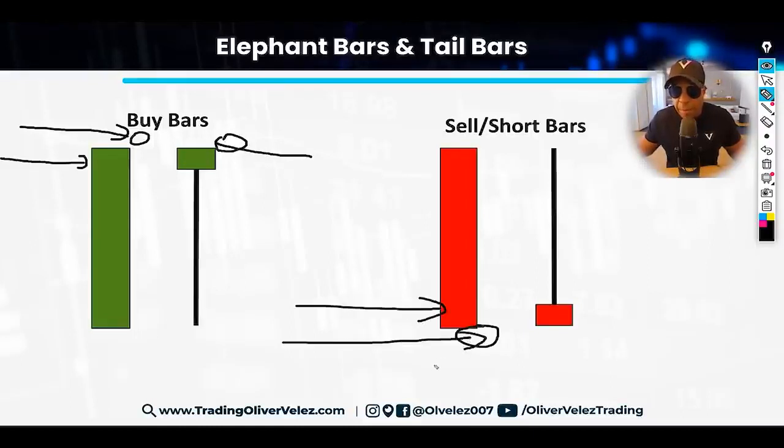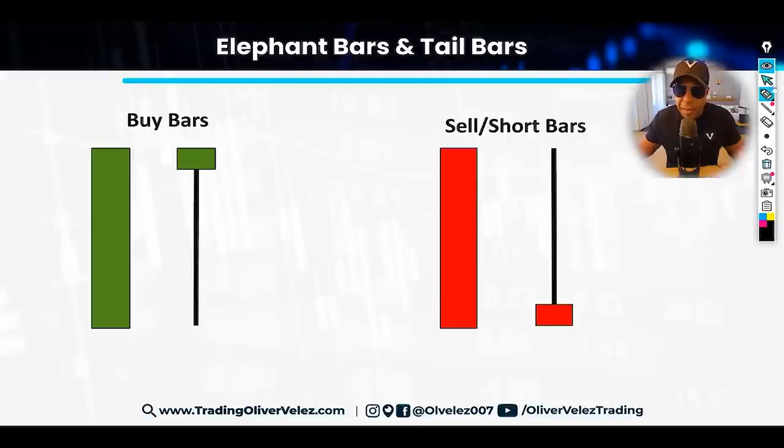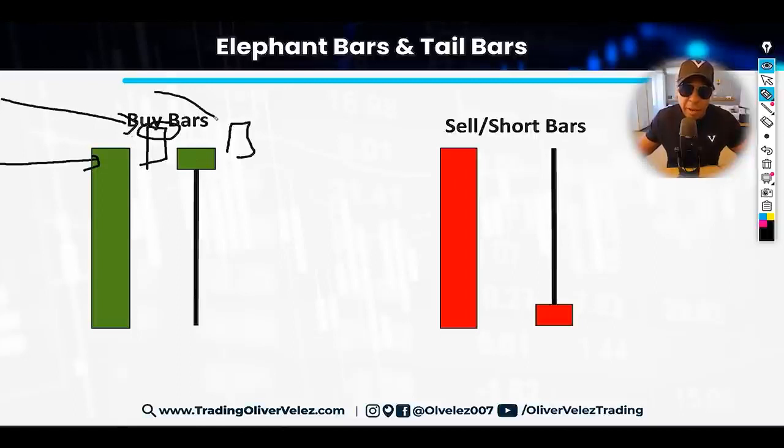You're going to short right below the bar if you've missed it. All right? So just remember that. We want to try with the elephant bars to get into the bar right toward the end. If we miss it, we want to get the next bar just above it, in it, or just below it.